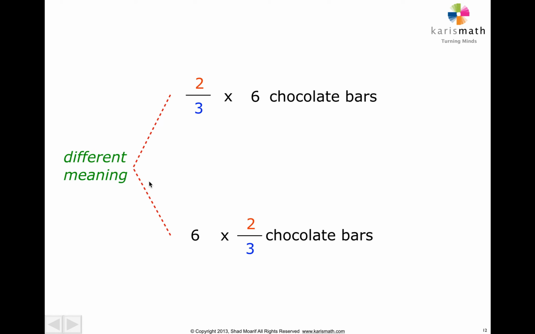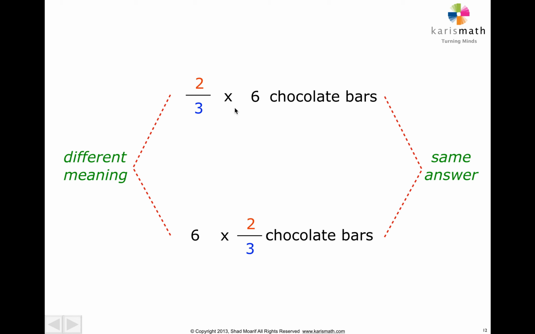Well, that's what we're going to explore. They have different meanings, but the answers are going to be the same. So in this part, we'll just show you what 2/3 of 6 chocolate bars means. And in the next part, we'll show you what 6 times 2/3 means. And you'll find that both mean differently, but have the same answers.